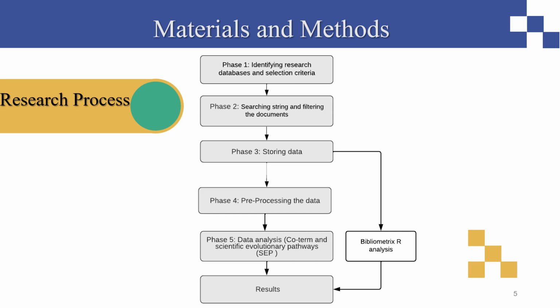However, returning back to phase 3, we used the bibliometrix R tool to perform some visualizations, and finally we combined the results from the bibliometrix R analysis and phase 5 in a final phase, which is results.